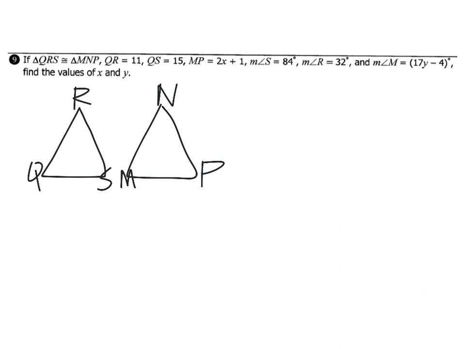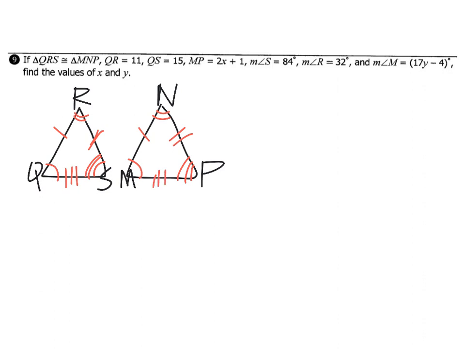All right, then we want to label what we know. So first of all, we know that all of these angles, Q and M, are congruent, R and N, S and P. Then we know that QR is congruent to MN, RS is congruent to NP, and QS is congruent to MP.